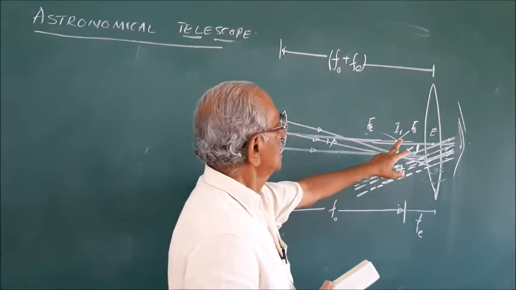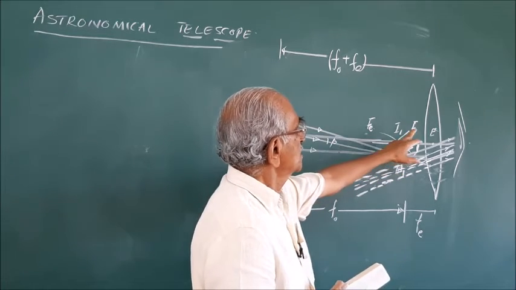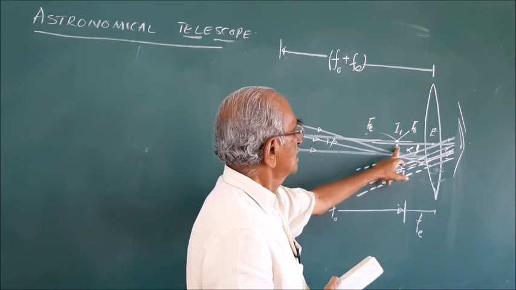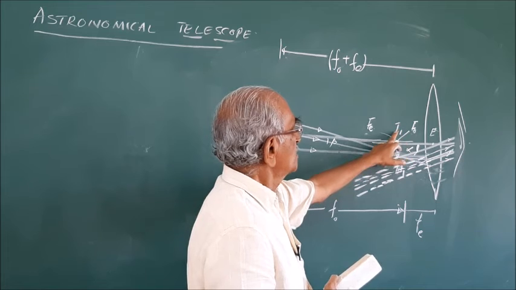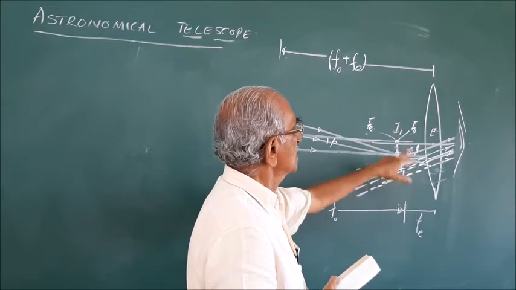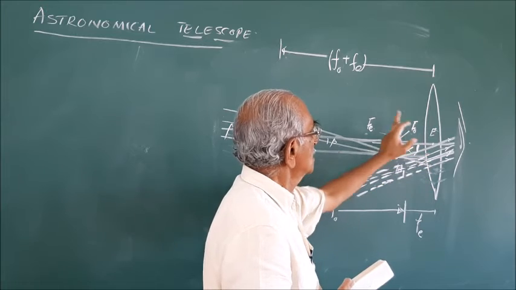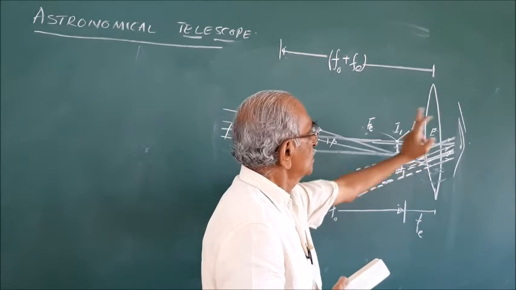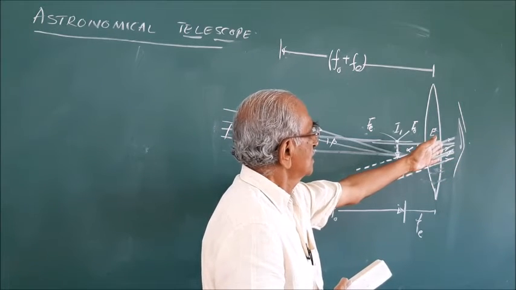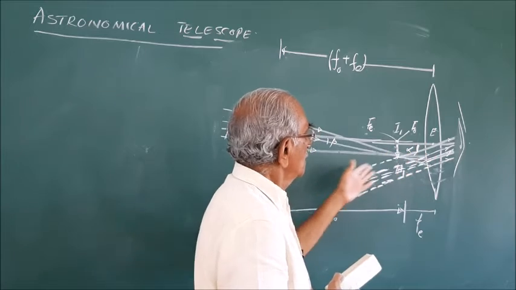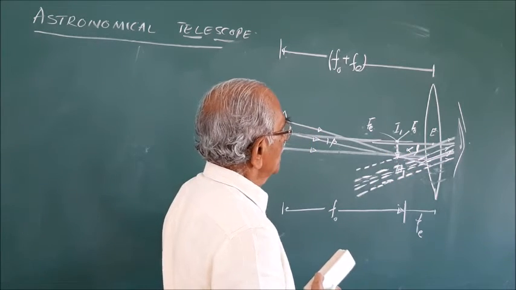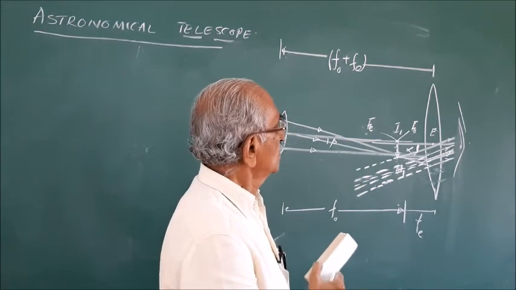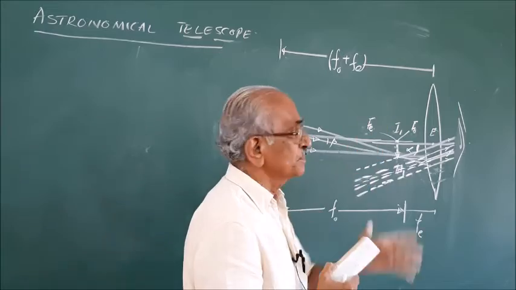In other words, the principal focus of the objective and the principal focus of the eyepiece coincide, with the result that the image, which now serves as the object for the eyepiece, is at the principal focus. Consequently, rays after coming out of the lens become parallel. So, they appear to come from infinite distance. This adjustment is said to be normal adjustment, wherein there will be least strain on the eye.